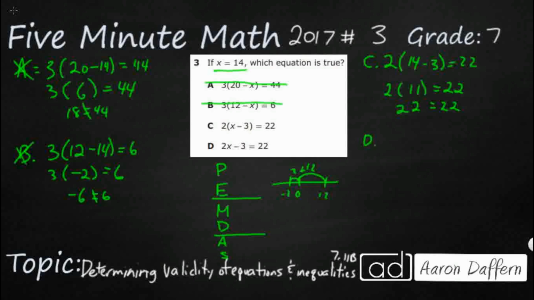Now, this one looks a little bit different simply because they don't have the parentheses. I've got 2x minus 3. I'm going to go ahead and substitute my 14 for that x. All right, so we just need to do a little bit of multiplication up front. Even though this is parentheses right here, this 2 parentheses 14, there's nothing inside that parentheses.